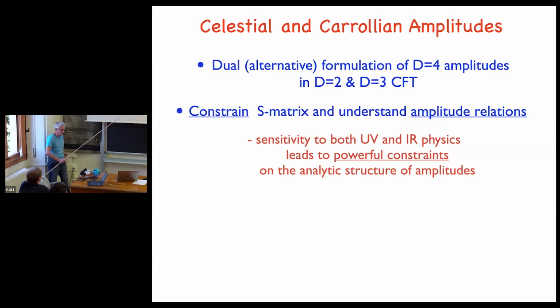That is the idea. And actually, these amplitudes are sensitive to both UV and IR physics. Therefore, they have a quite different behavior than what you are used to from 4 dimensions. And that's why they also are more sensitive to more powerful constraints on the analytic structure.